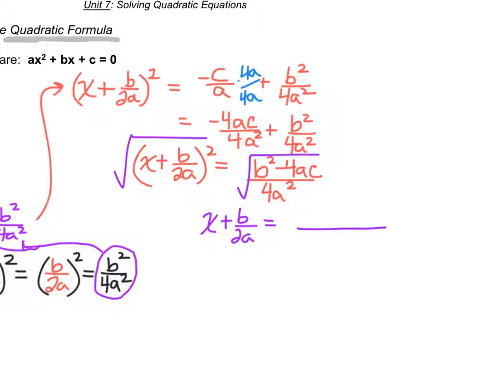But on the bottom, we do have a perfect square. What is the square root of 4a squared? 2a. On the top, I just have to leave it as a radical. But I am taking the square root, so what should go in the front? Whenever I take the square root, what symbol needs to go in the front? Plus or minus. Very good.